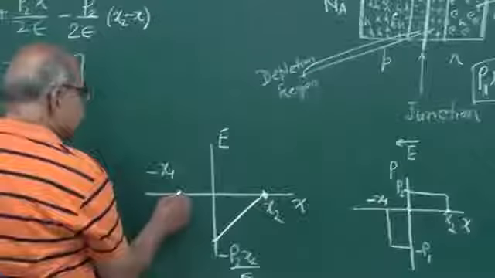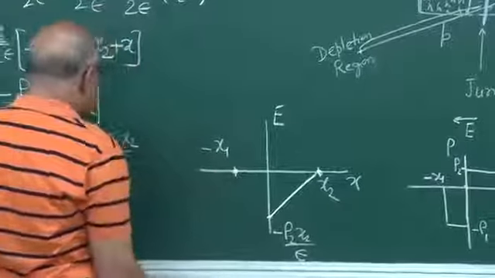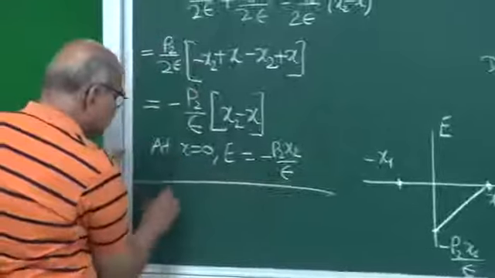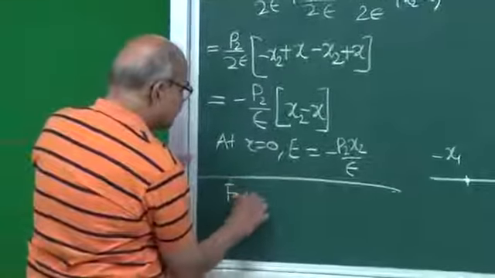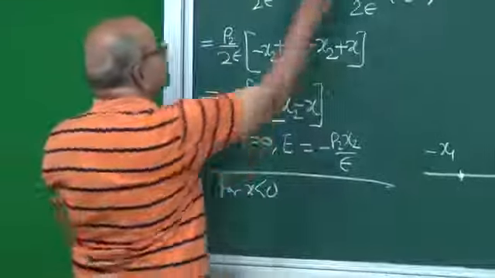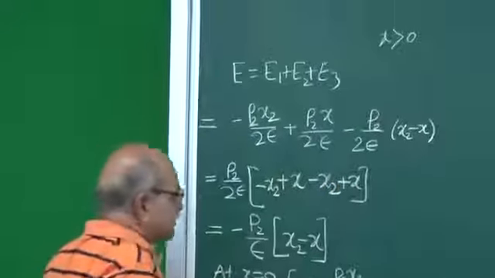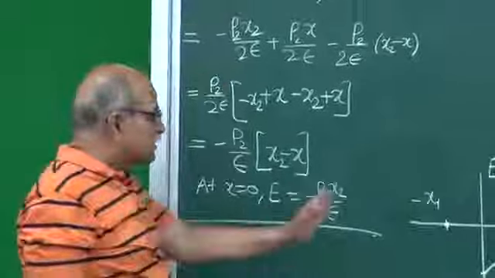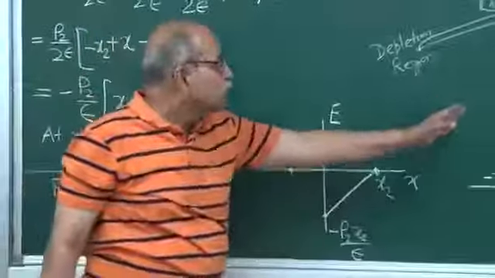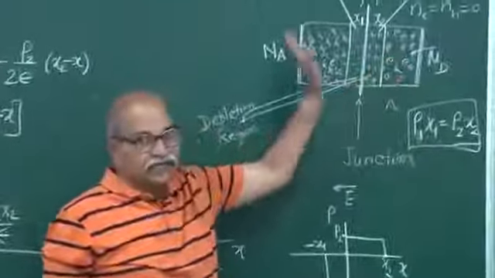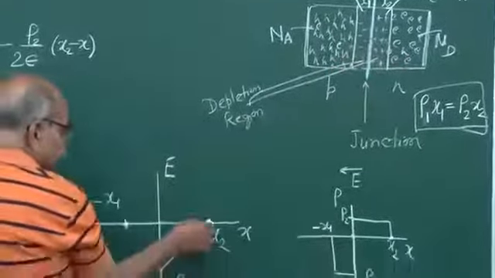So the electric field will be 0 here, and this is for x less than 0. This was for x greater than 0 in the depletion region, remember. After the depletion region, after x2, there is no electric field.